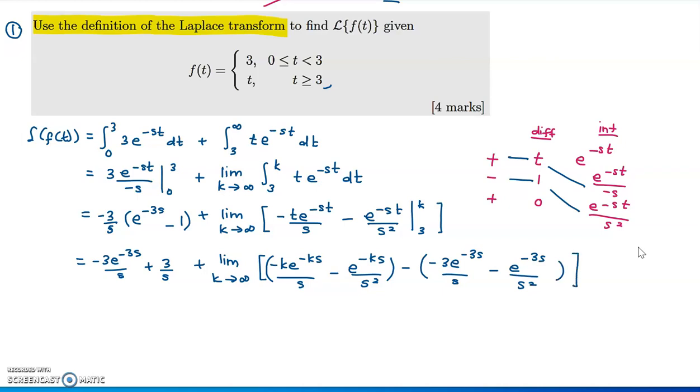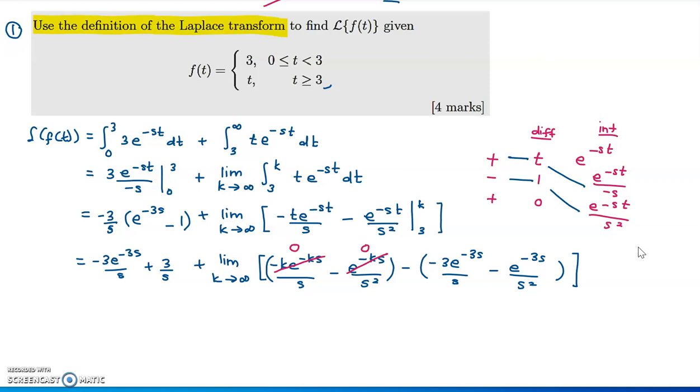Close the bracket. Now focus on k approaching infinity. When k is infinity, we have e to the negative infinity, which is 0, so this part is 0. The same thing goes for this one: k approaching infinity, so we have 0 here.